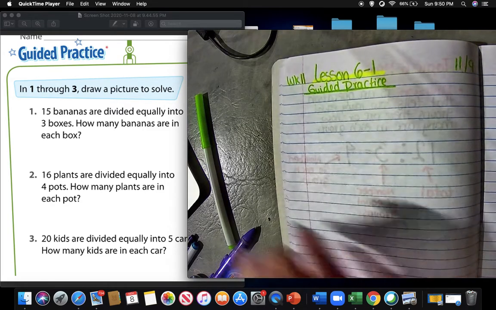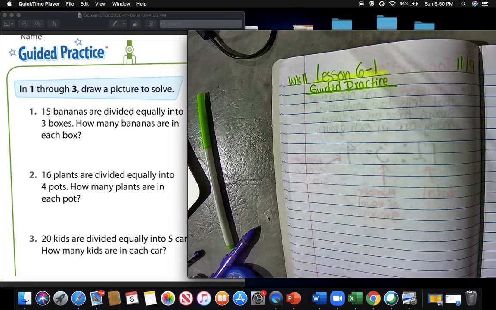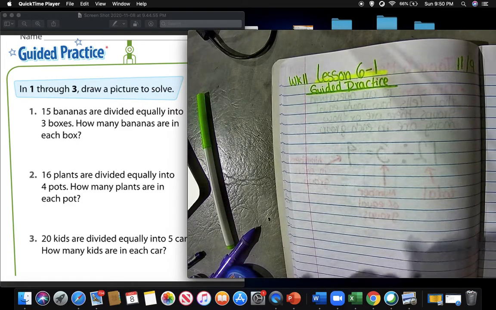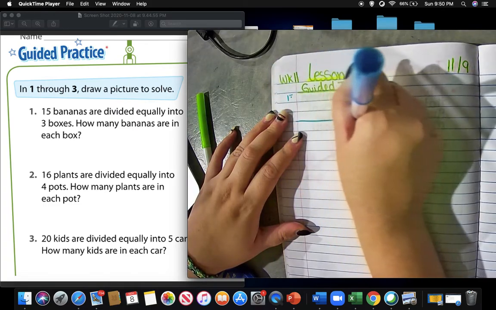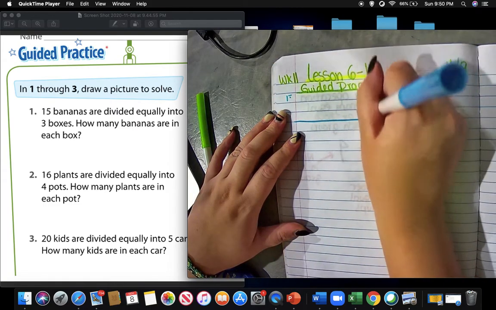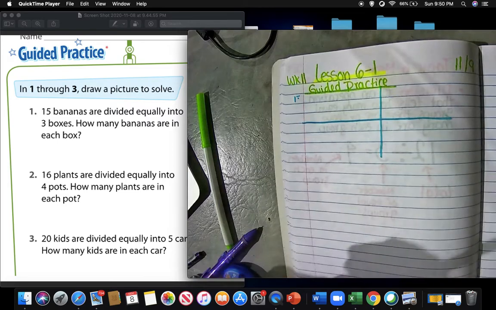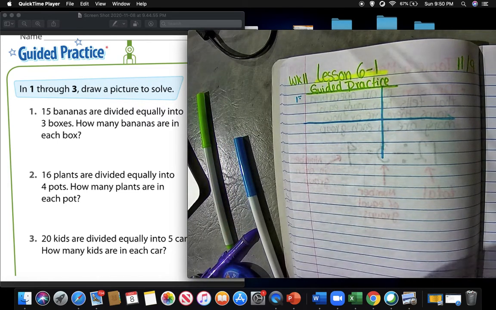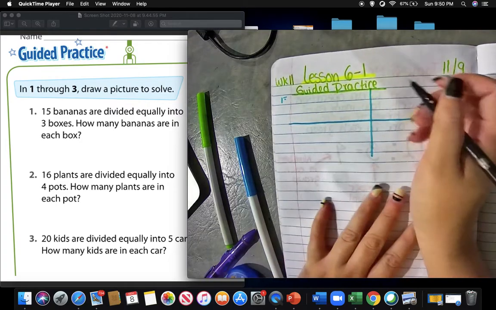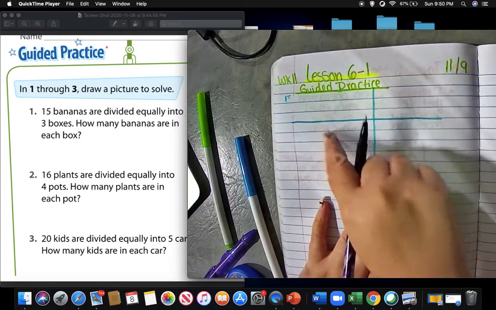Okay, so the first thing, because we already know, is that we have to do a T-chart. It's easier for you to do a T-chart first, just so that you know what's the question, what's the information, and what's the answer.